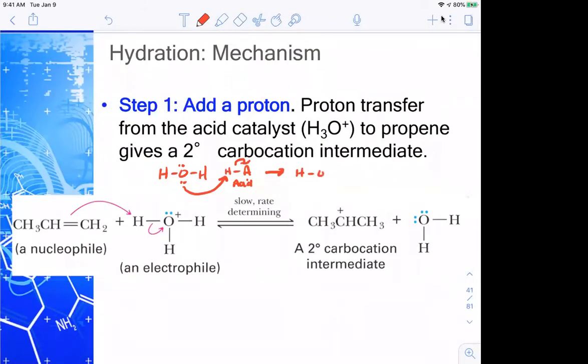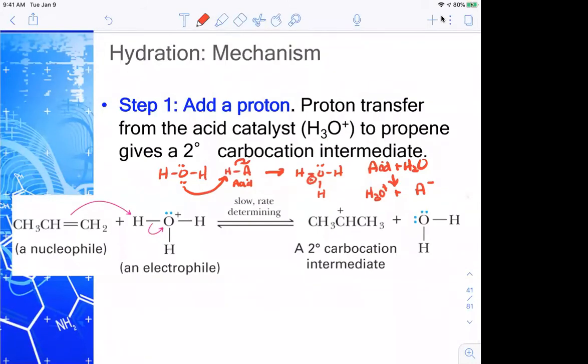And what I get is this hydronium ion, which remember is the species that's actually formed when acid and water react together. I get H3O+, and I get whatever counter ion I had of the acid.